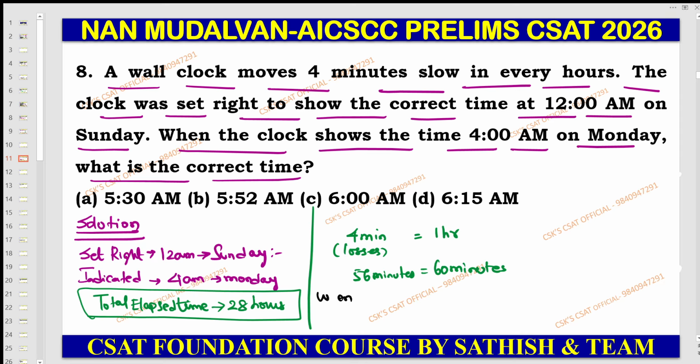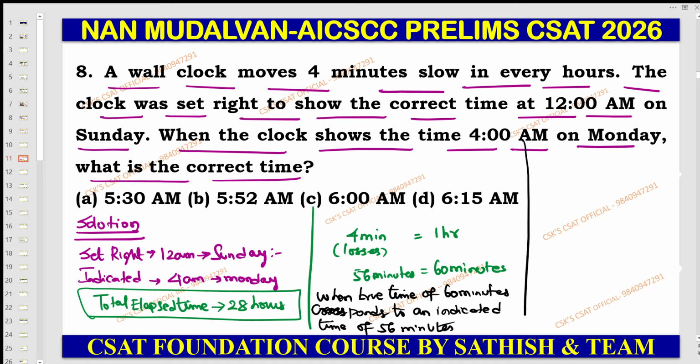When true time of 60 minutes corresponds to elapsed or indicated time of 56 minutes, right?